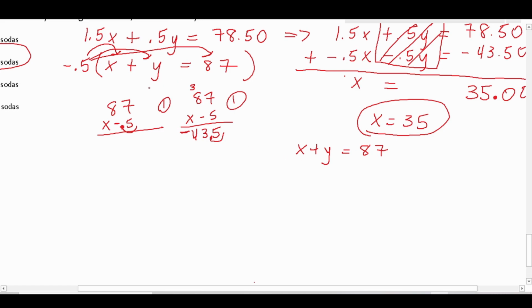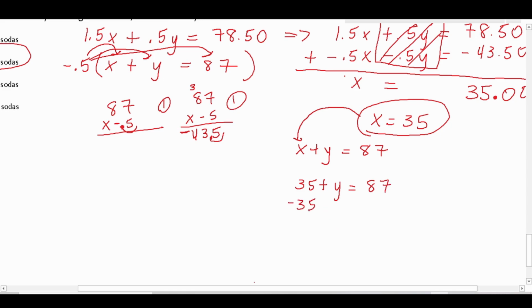x plus y equals 87. Thanks to the elimination method, we were able to solve for x. So we can take this x and plug it in right there. This is 35 plus y equals 87.